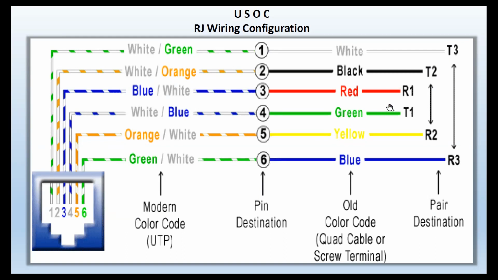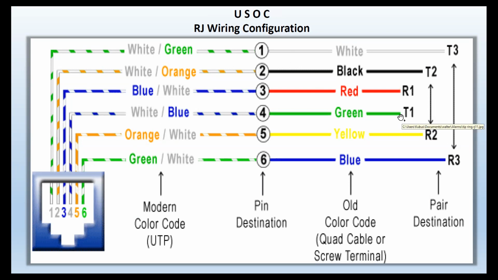And look, here is tip and ring. Here is tip and ring. And here is tip and ring. This is not just a random tip and ring arrangement. In USOC configuration, this is how the tips and rings are arranged.